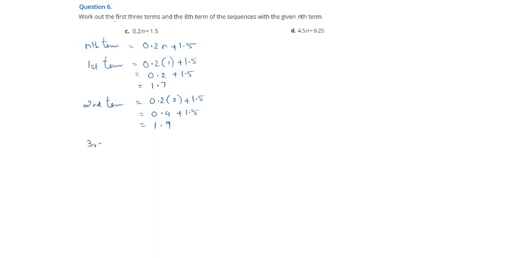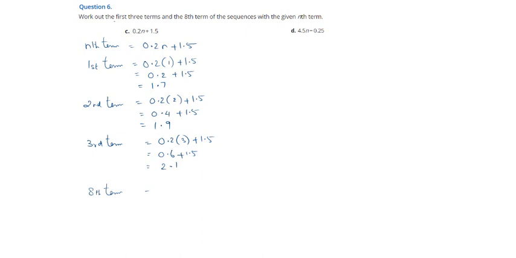The third term is equal to 0.2 times 3 plus 1.5. This is equal to 0.6 plus 1.5, which is equal to 2.1. And finally, we need to find the eighth term.